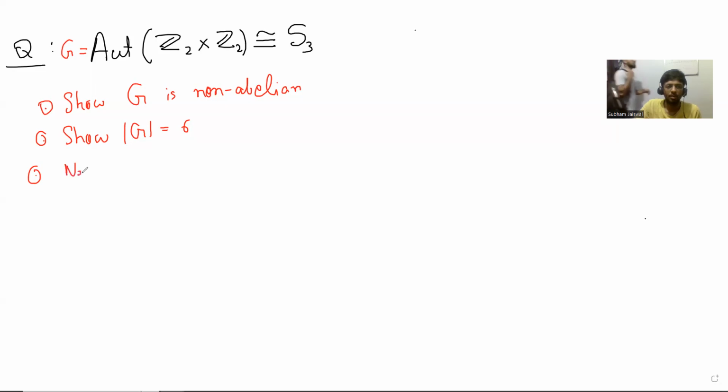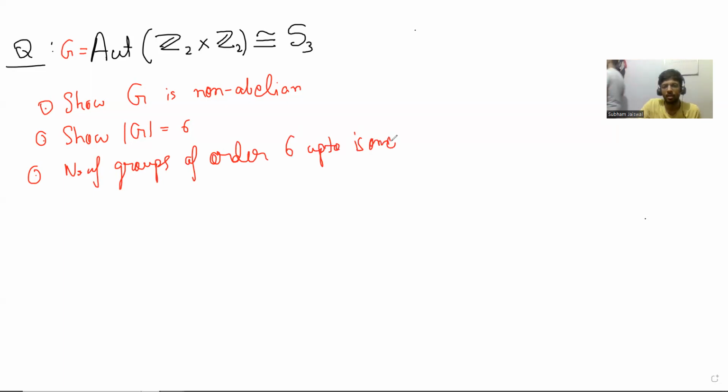The number of groups of order 6 up to isomorphism is only 2. Okay.